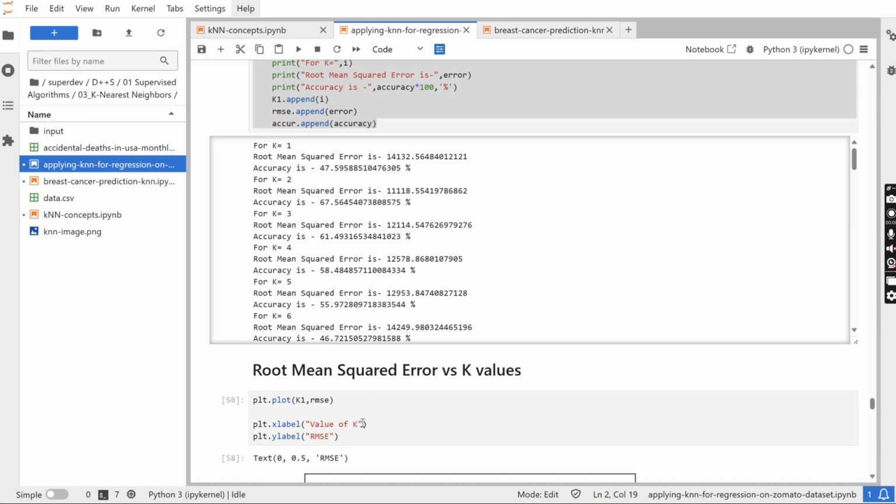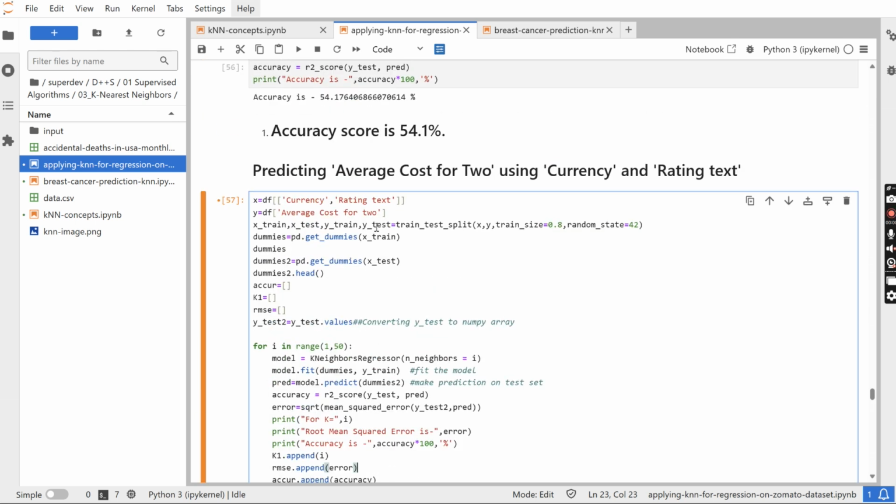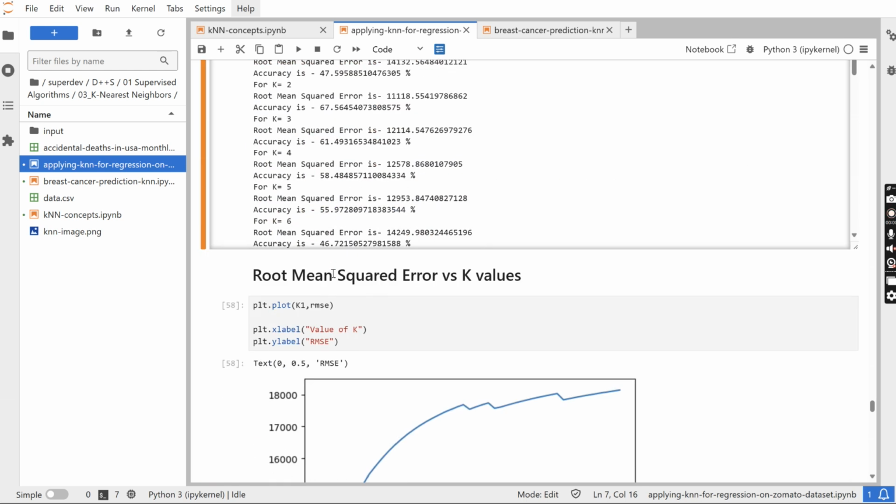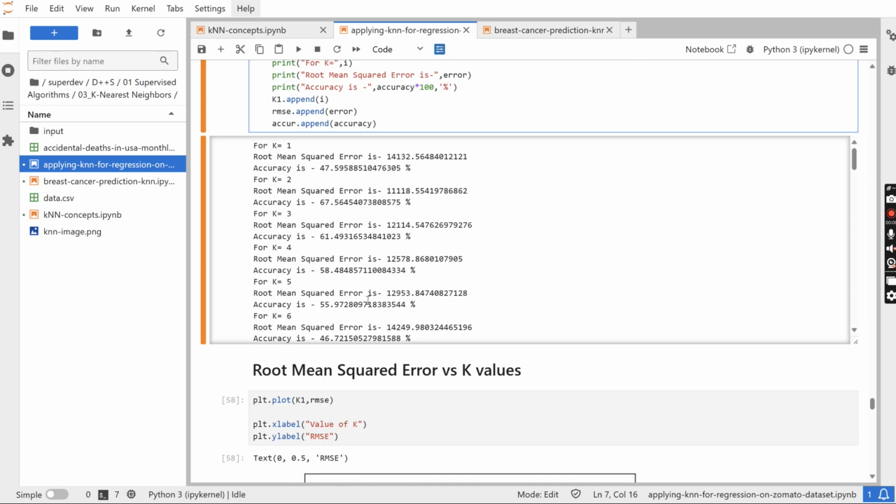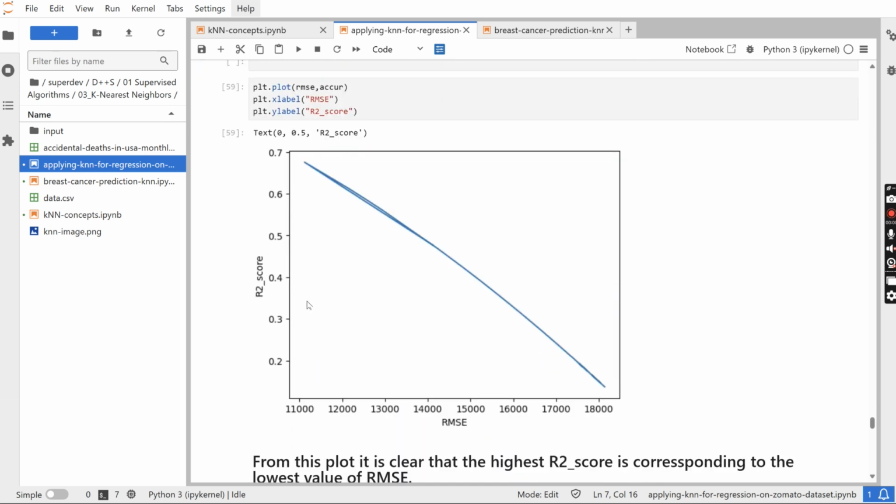But for the thing that you're trying to predict, what are you trying to predict? You're trying to predict the cost of 2 people. Cost of 2 people should be somewhere between 100 to 500 rupees, or maybe 1000 rupees. So that means if your root mean squared error itself is like 11,000, this is a bad model.